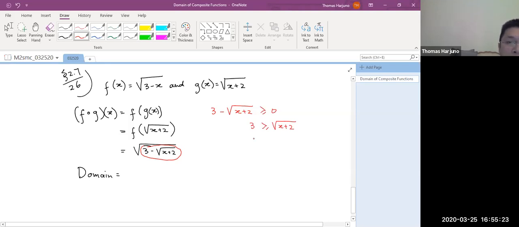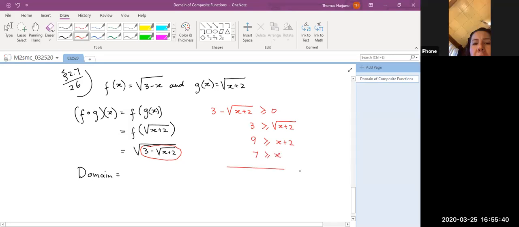And then I will square both sides. I get 9 greater than or equal to x plus 2. Therefore, x is less than or equal to 7.